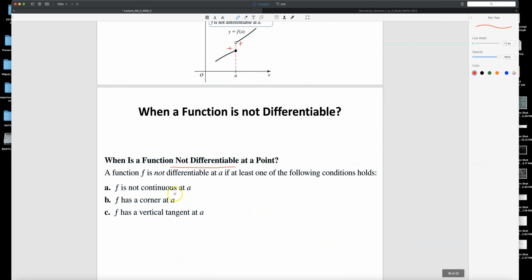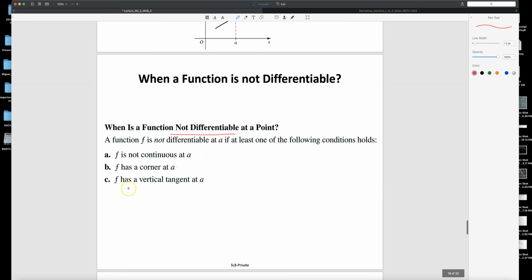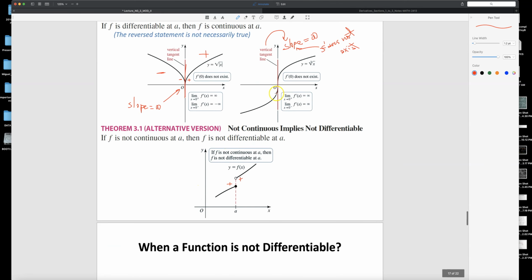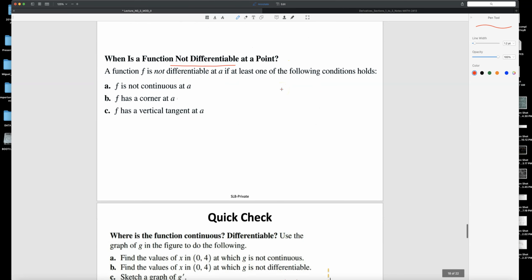It's not continuous, like this one. Or at that point, the tangent is vertical, like this example here. The tangent is vertical. So that slope doesn't exist because it's infinite. So the limit that defines the derivative function doesn't exist. It's infinity. Okay?